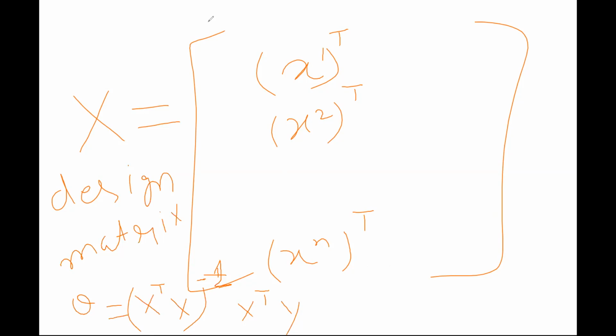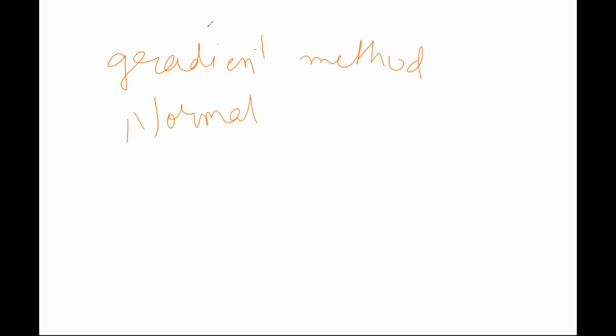Now we know how to find theta using two methods. One is the gradient descent method, and another is the normal equation. There are advantages and disadvantages of using those methods.